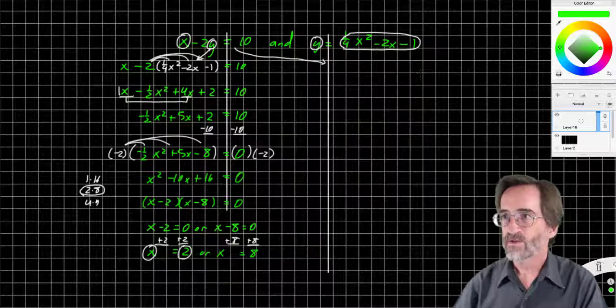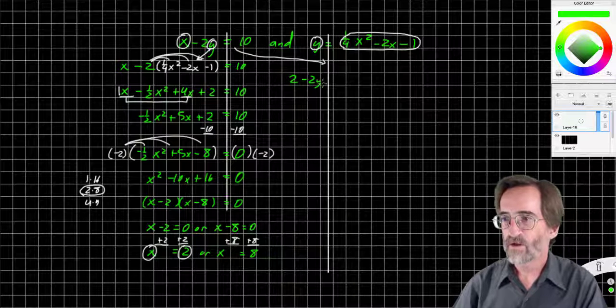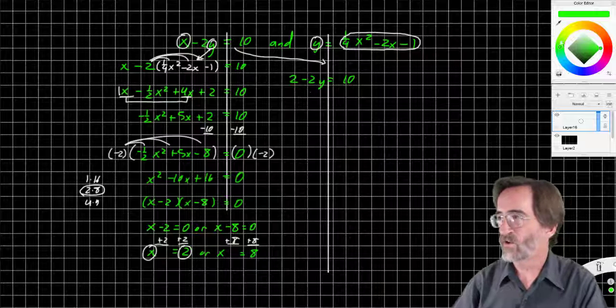So substitute 2 for x, so 2 minus 2y equals 10, and we can solve for y.